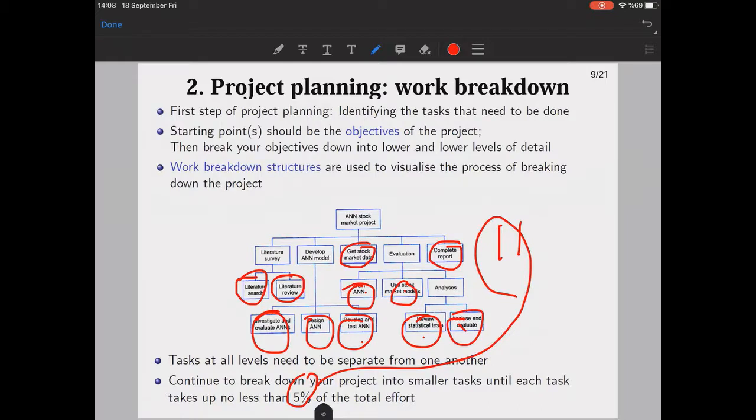When you add all of these 11 up, of course it should be 100%, and none of them should be less than 5%. This is a rule of thumb, it makes your life easier later.